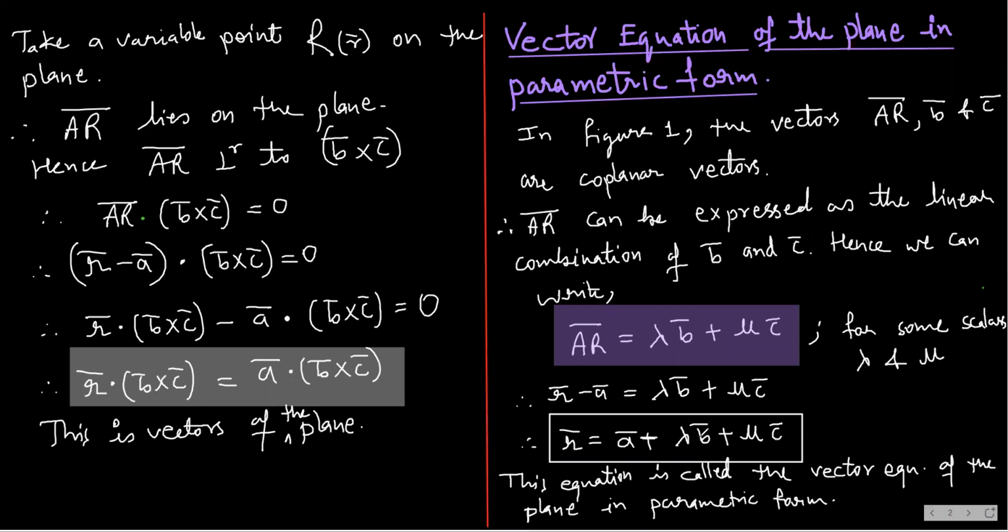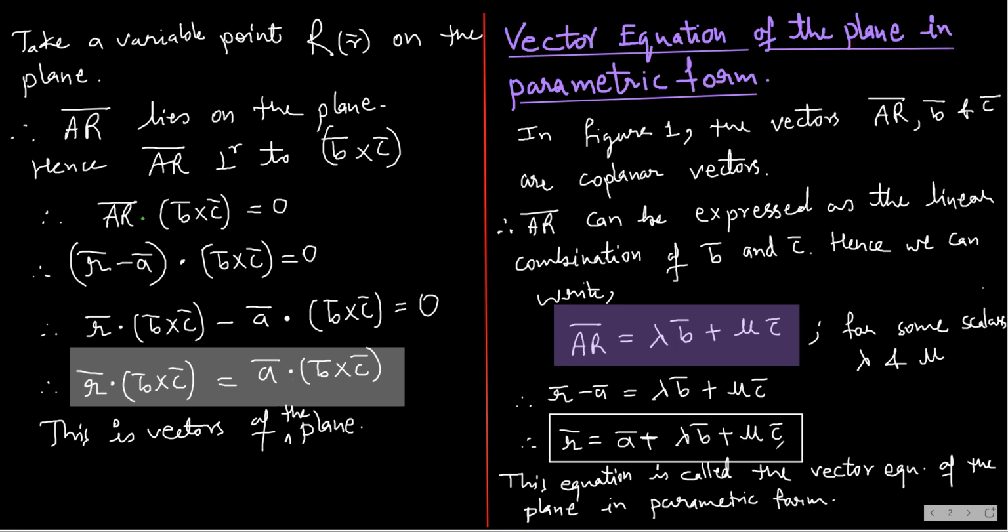Here in this, what is a bar? A bar is the position vector of the point on the plane. Remember, this a bar is the position vector of the point on the plane. What are b bar and c bar? They are the vectors parallel to the plane.